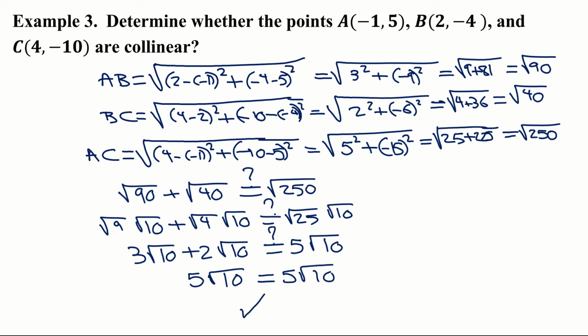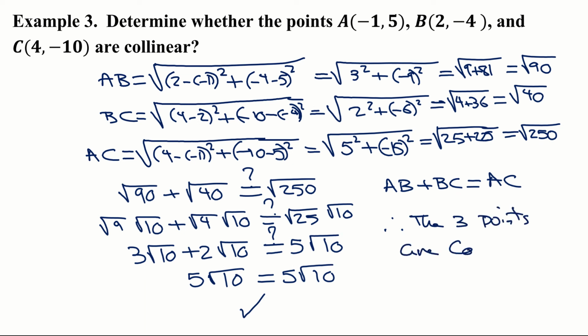So it checks out. Indeed, we have shown that AB plus BC is equal to AC. Therefore, we have established that the 3 points are indeed collinear.